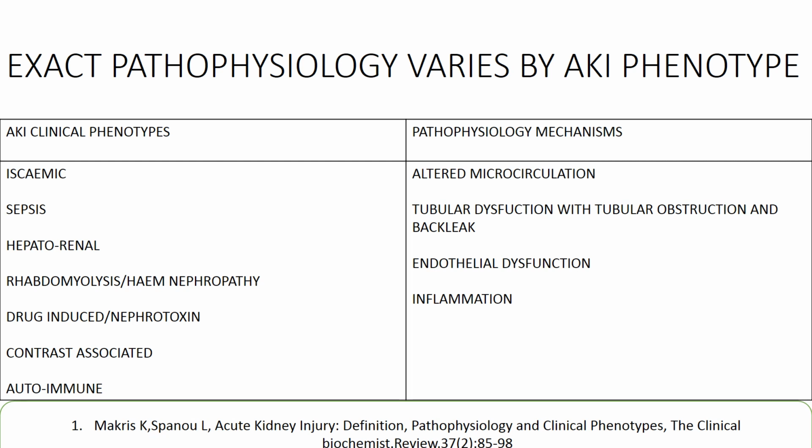But generally speaking, it's been noted that the pathophysiology, regardless of the cause, involves alteration in the microcirculation. So there's reduction in perfusion in the peritubular circulation, and there are various factors that may contribute to this, things like endothelin and adenosine, for example.